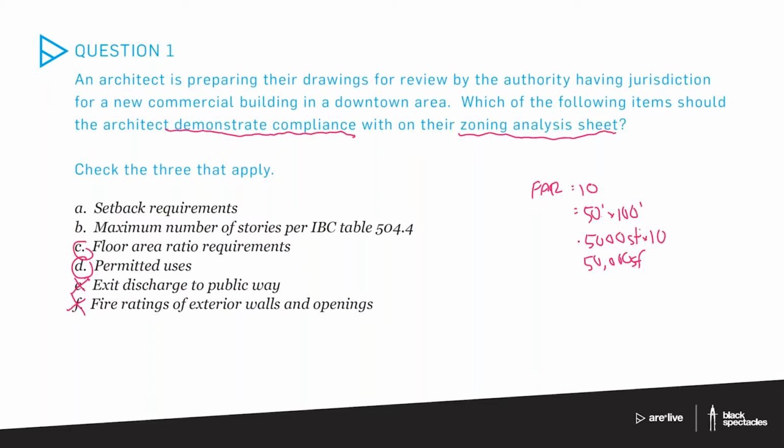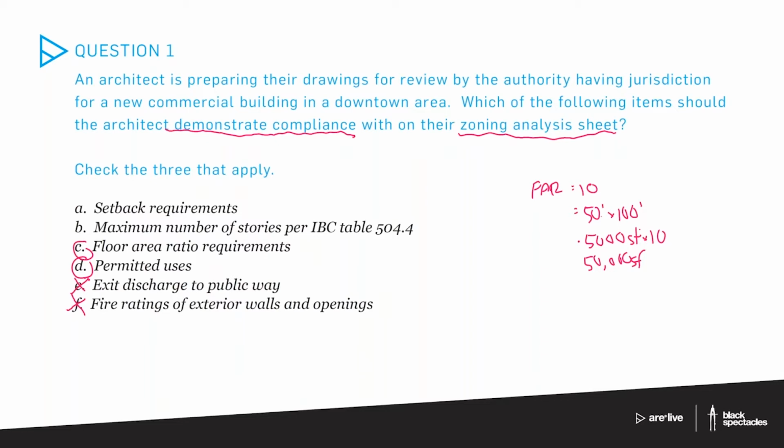Moving on to choice B, the maximum number of stories per IBC table 504.4. I think if you're in a rush and you see the first part of this answer, maximum number of stories, you might check this one off as correct and move on, but this is a great example of why you need to make sure you read the entire answer every single time.